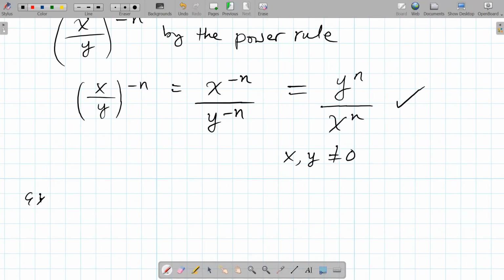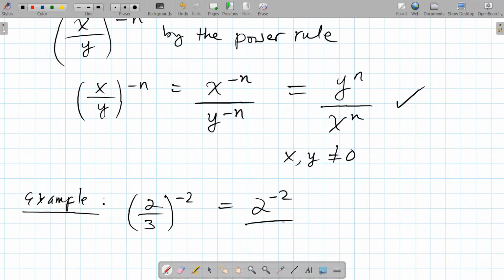For instance, if you have 2 over 3 all raised to negative 2, this is the same as, right, 2 to the negative 2 over 3 to the negative 2, and then I swap them up. Just swap them, and then they become what? Positive.